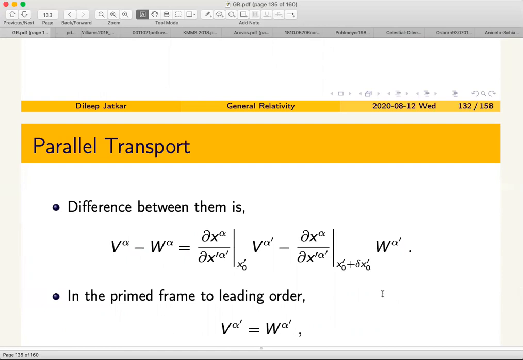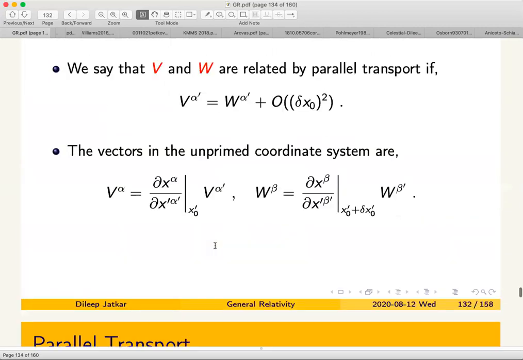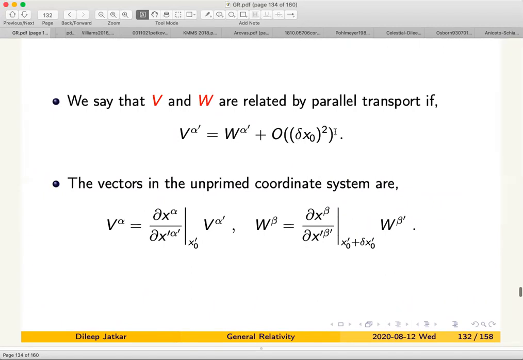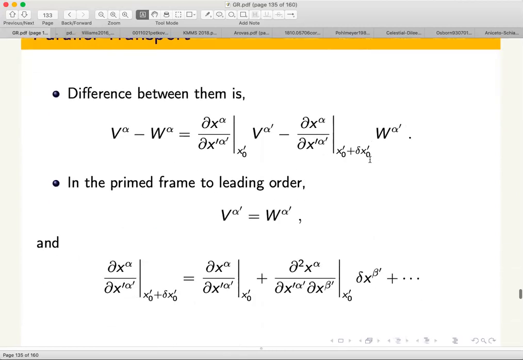Now remember, in the primed frame, to leading order we are choosing them to be the same, up to a correction at quadratic order. So to leading order they would be the same. And as I said, we take this piece and do a Taylor expansion of this around x naught prime.